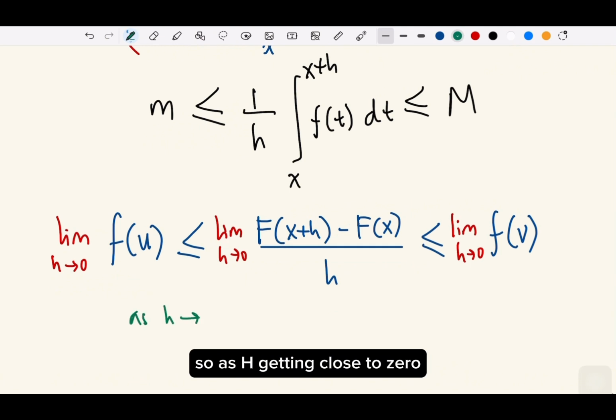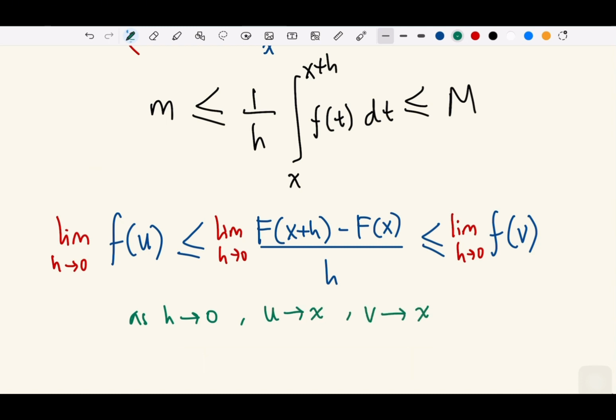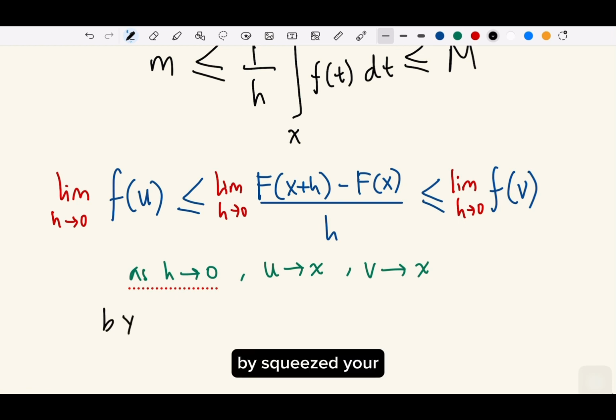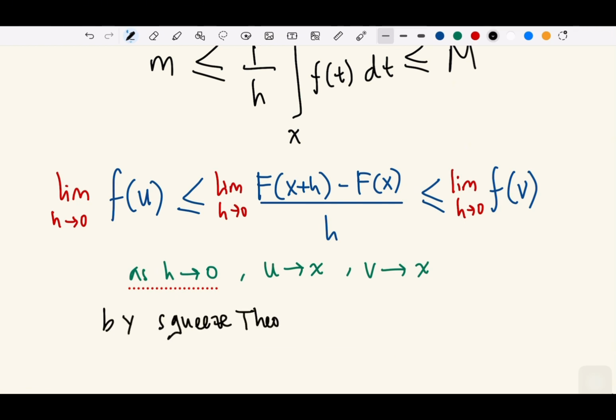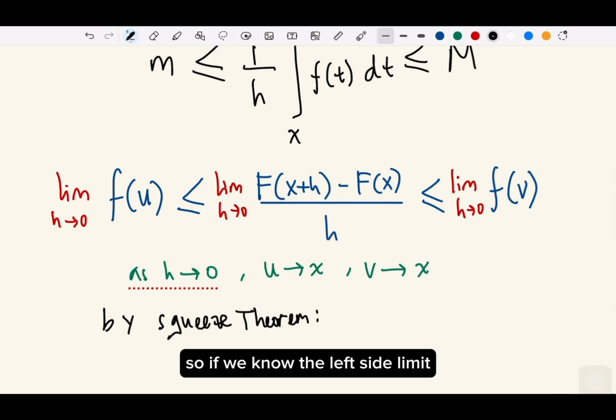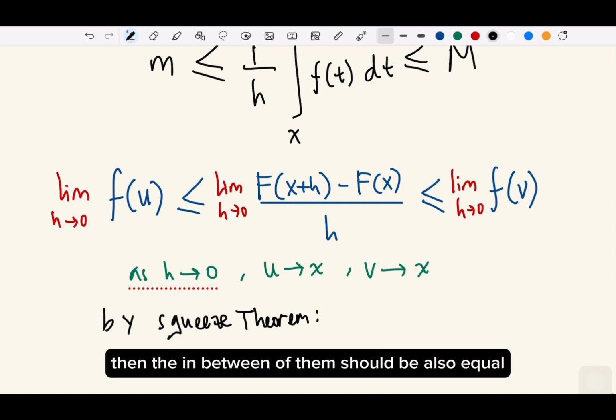As h gets close to 0, u will get close to x and v will get closer to x, which means by the squeeze theorem in limits, if we know the left side limit and the right side limit, then the in-between should also be equal.